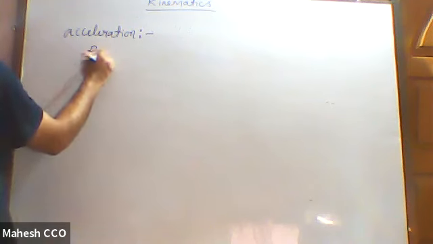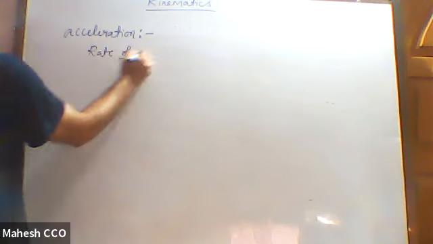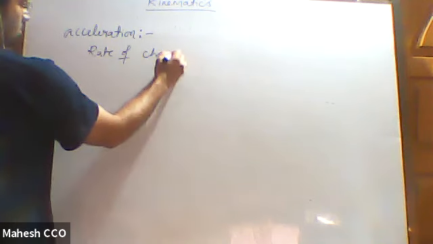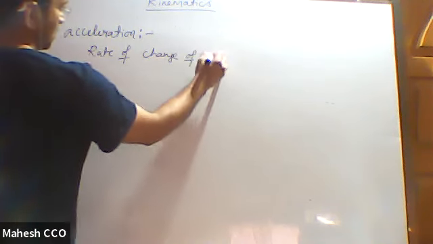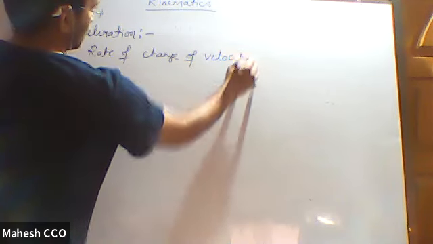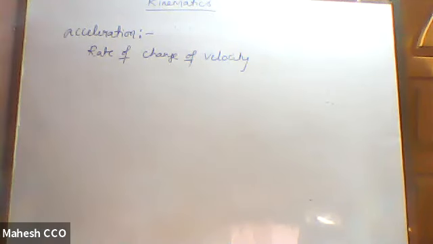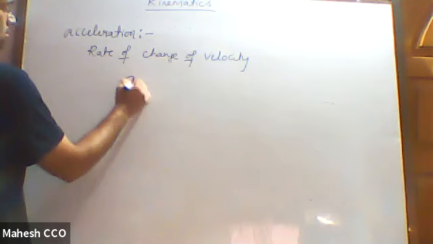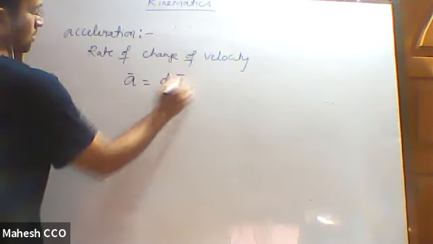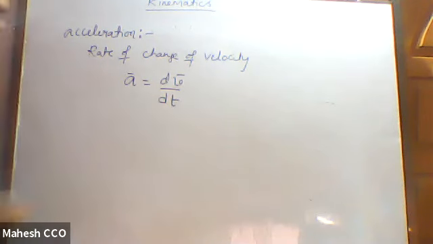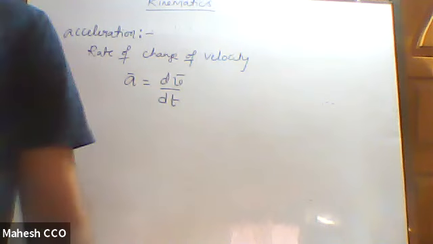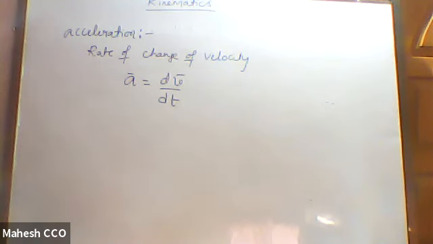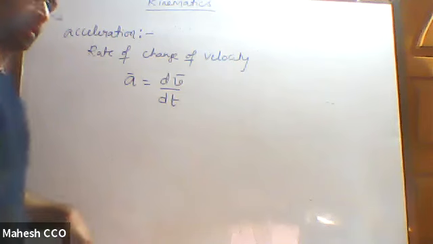Acceleration is rate of change of velocity. Now, mathematically, a is equal to dv bar by dt. That's all.